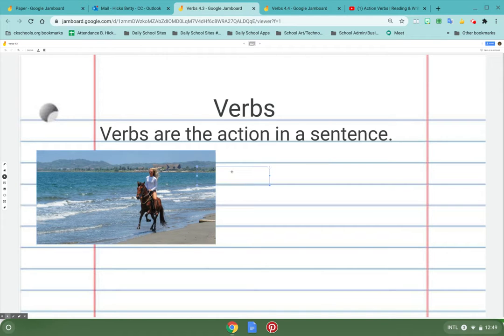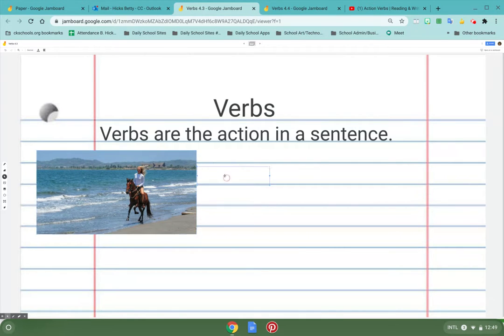And I say, well, I'm going to say that the subject right there is a girl. Okay. Then I'm going to go to my verb. And this is exactly how I write. I'm going to say is riding.